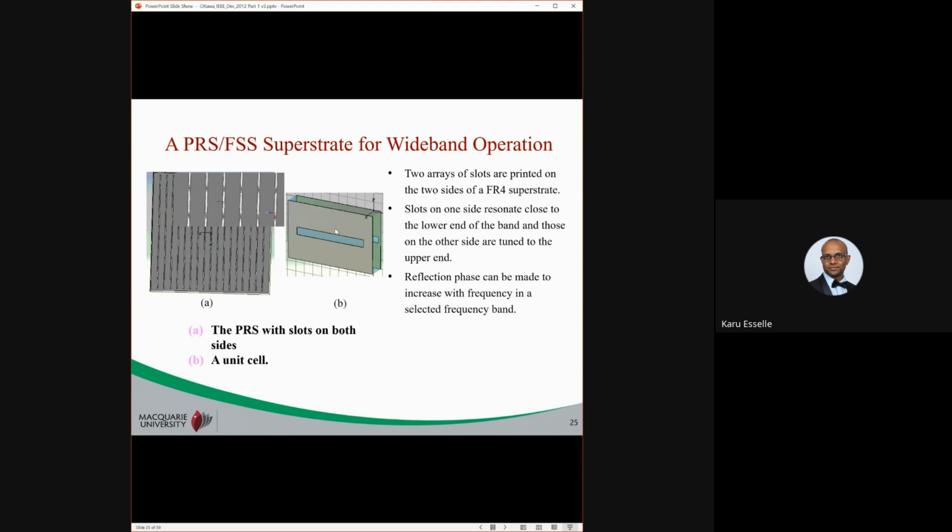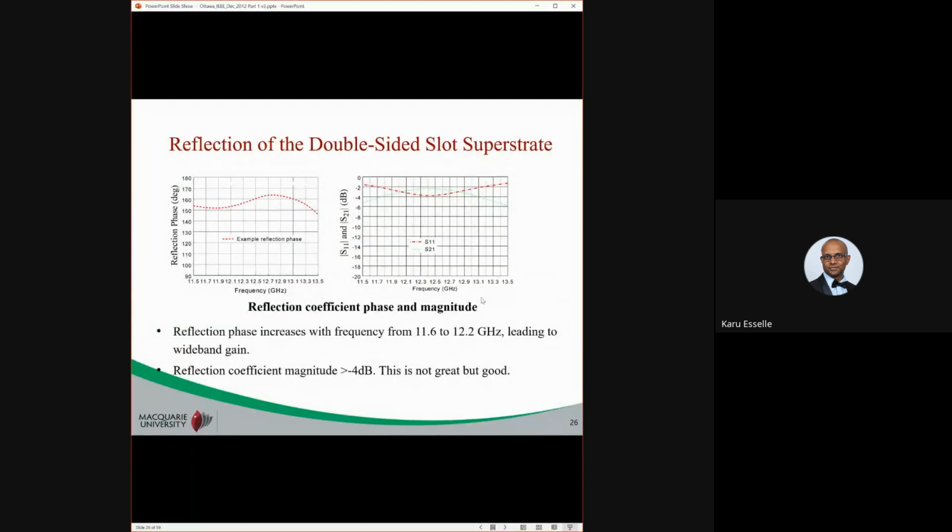So this is a unit cell. But these slots are different. They have slightly different lengths, not the same length. We tune the slots to two different frequencies. So slots on one side resonate close to the lower end of the band of the antenna you want to operate, and those on the other side are tuned to the upper end of the band you want to operate. By doing that, we can change the reflection phase versus frequency plot to increase with frequency in the band you want.